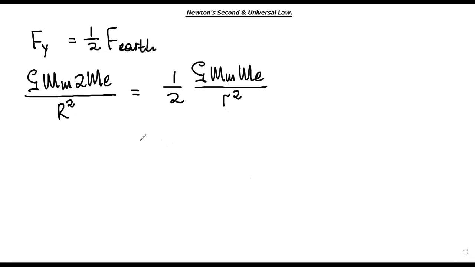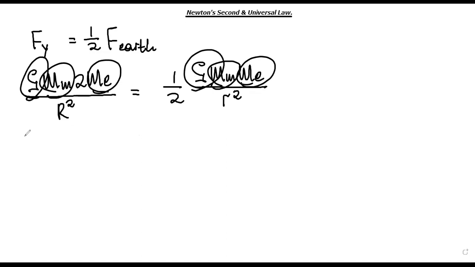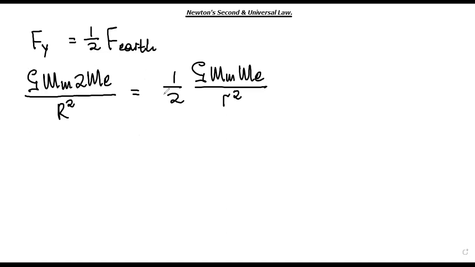Now, this is the easiest way I can say it. If you have things that are exactly the same on both sides of the equal sign, you must know that they cancel out. But if you want to show it using formal maths, you can choose to cross multiply.